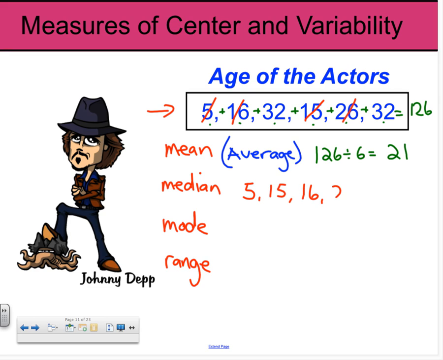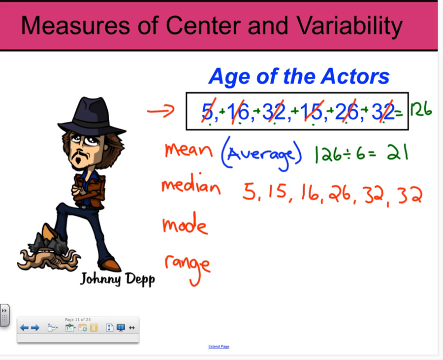The reason why it's good to cross off numbers is to remind yourself that you've already used that number. If a number occurs twice, you do need to put it in twice. So now we have our numbers listed in order from least to greatest, and now we have to find the middle number.